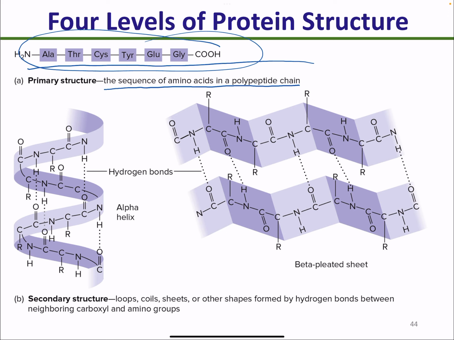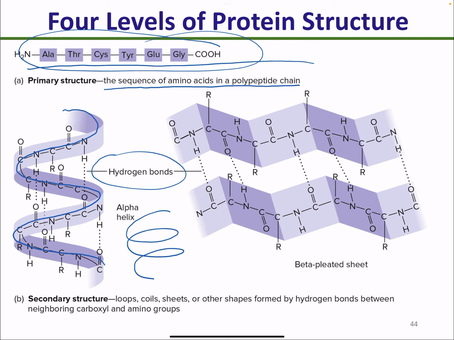Now, hydrogen bonds are going to cause foldings in 2D shape. Some foldings are called alpha helices. So this is the alpha helix right here. Okay, actually we draw it like this, alpha helix, right?